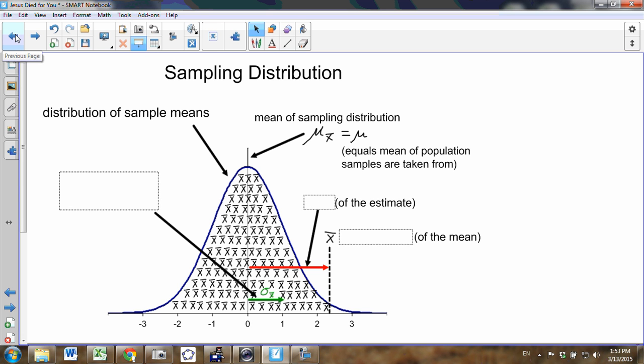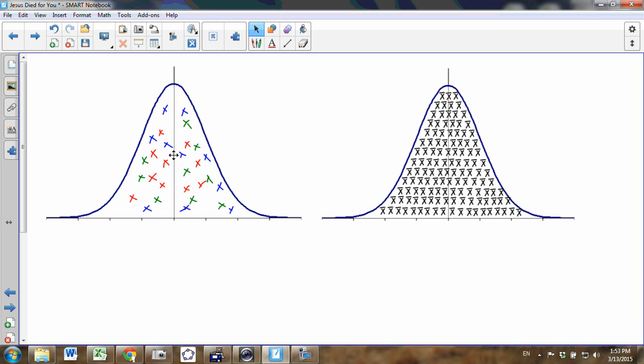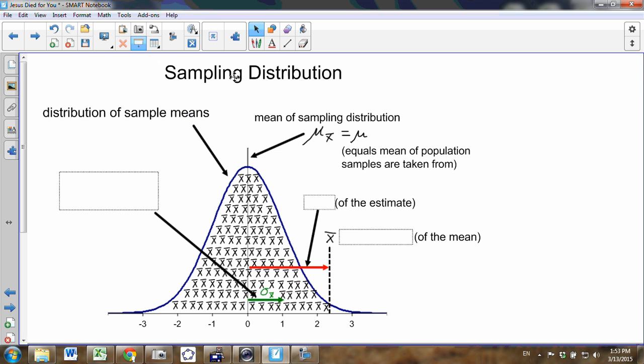If you think about it, if we take samples over and over and over, since each of those samples came from this population that has a mean, it makes sense that the mean of all these sample means would be the same as the mean of the population. And that's something that the central limit theorem says.